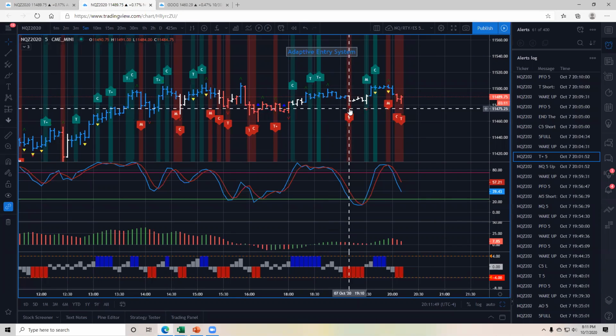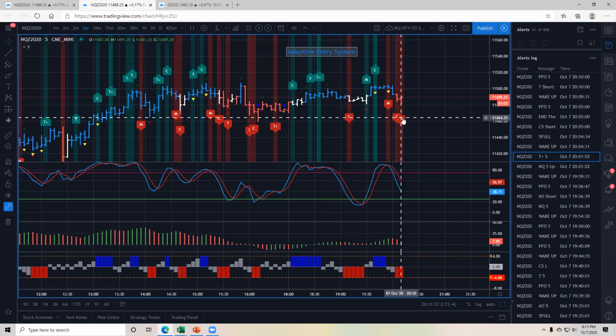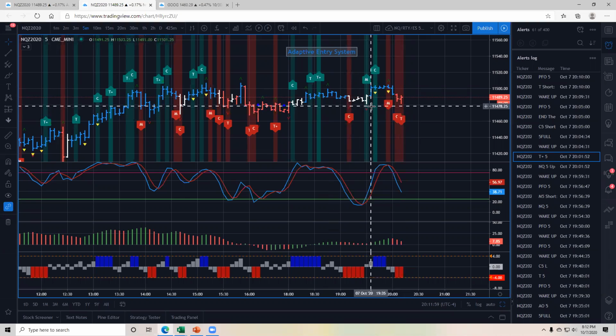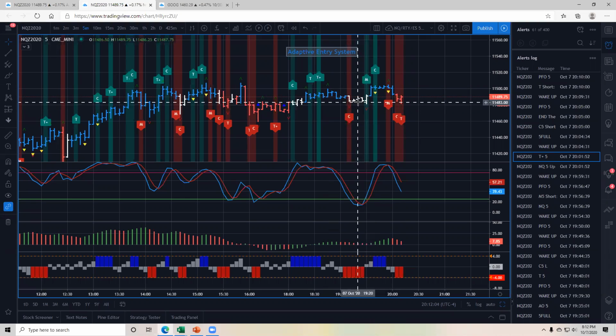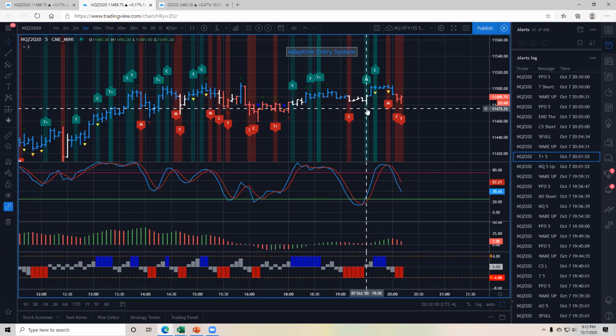A fractal is the highest or the lowest point in a 5-bar period, and it has to be the middle bar that is the highest high or the lowest low in that 5-bar period. The one he's pointing out right now, the two prior bars have higher lows, and the two bars afterwards also have higher lows. So that's a lower fractal.